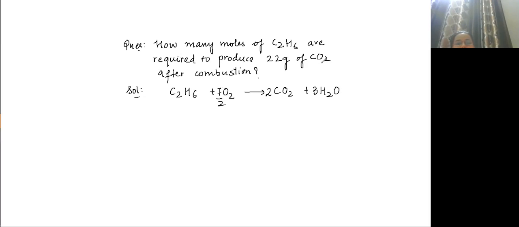So multiply the whole equation by 2. So how will you balance this? 2, 4, 6. Is balancing clear?